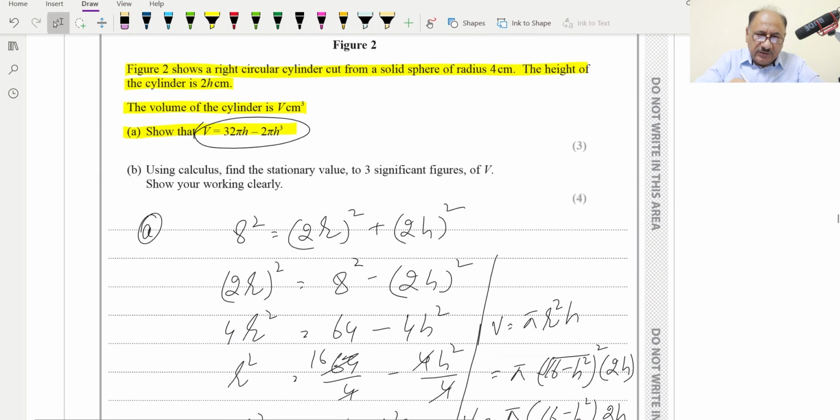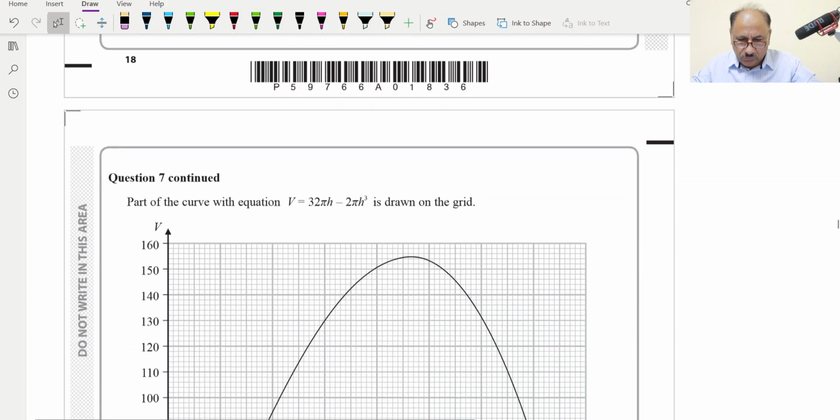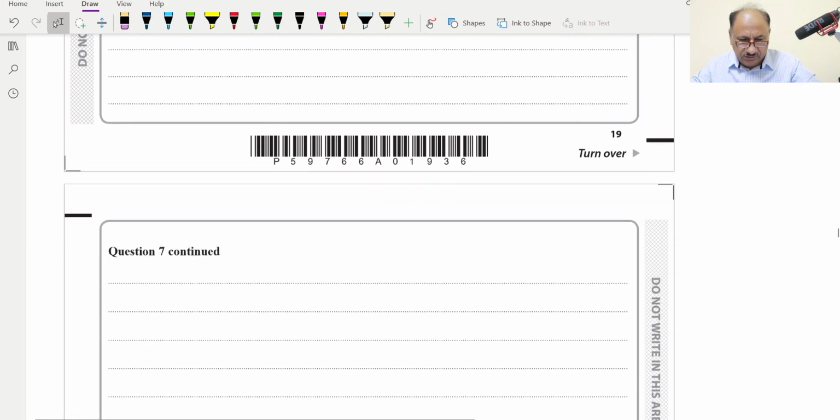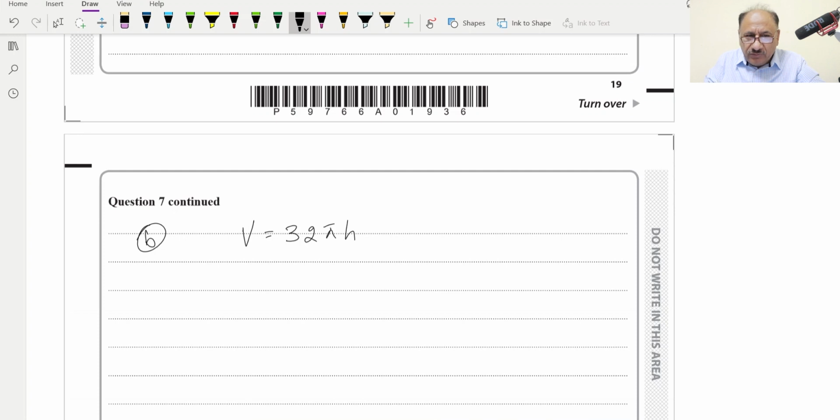B part is saying, using calculus find the stationary value to three significant figures, show your working clearly. So to use the space, basically we can solve b part over here. We have V is equal to 32 pi h minus 2 pi h cubed, which we have just done in part A, and we are utilizing that result.